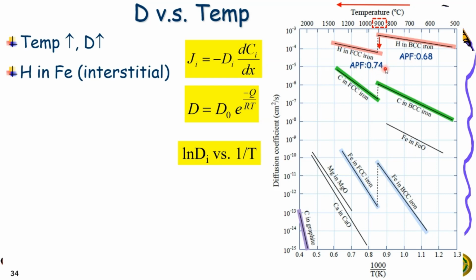There are not many spaces for hydrogen to diffuse; there is only 26%. So this tells you that if APF increases from BCC to FCC, diffusion decreases.